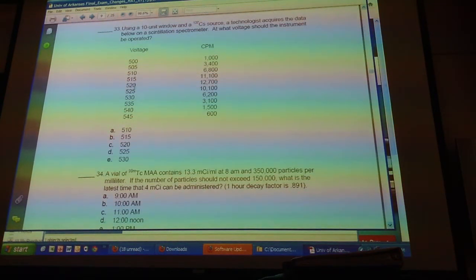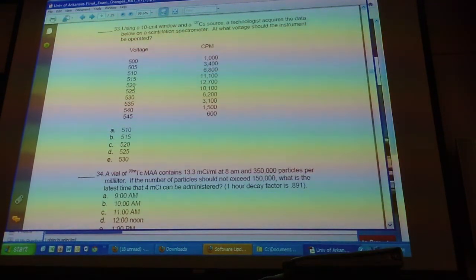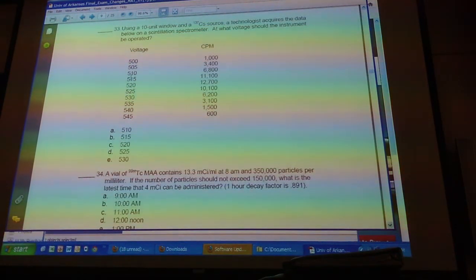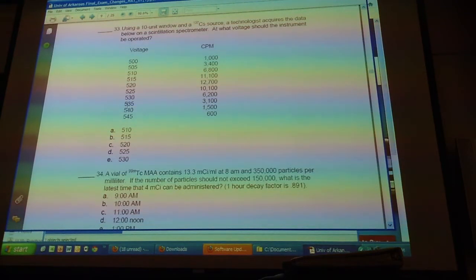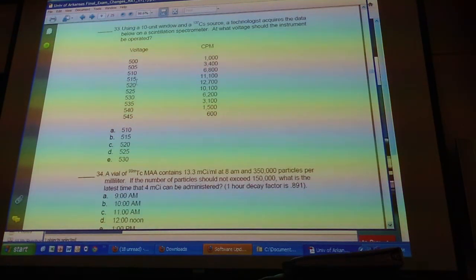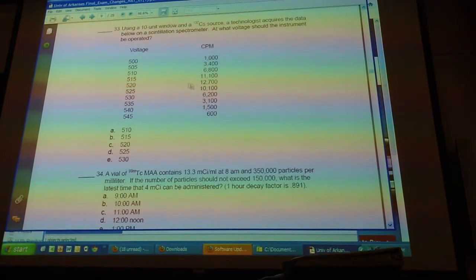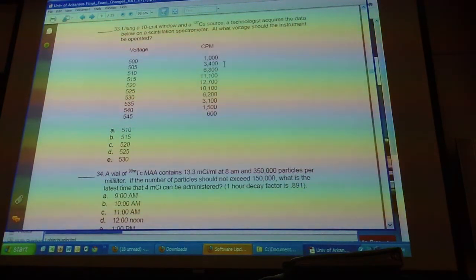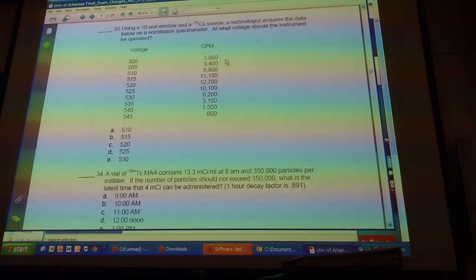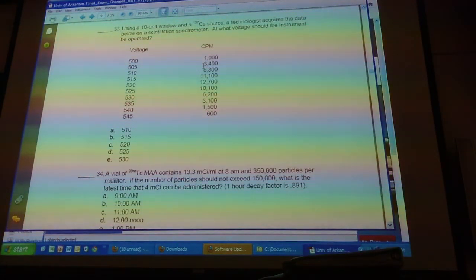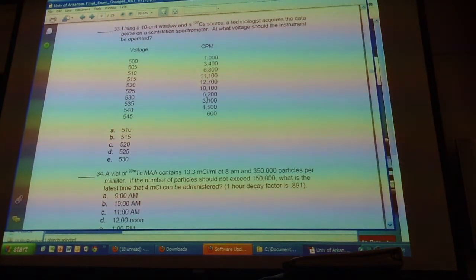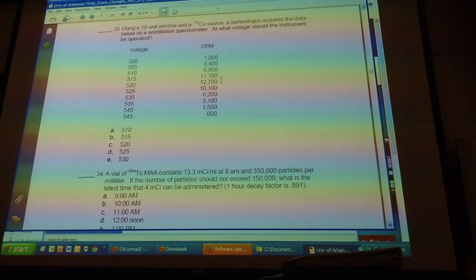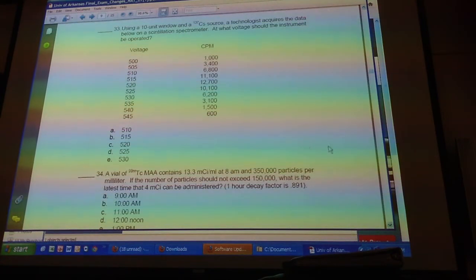As long as it stays in that range, you're probably okay. But when you suddenly have 500 on one day and 535 on the next, and it's jumping all over the place, it means your high voltage supply is bad, or the crystal on the inside of the well counter is bad. Most of the time it's the high voltage source. But again, what you're looking for is the highest number, and that's your peak.